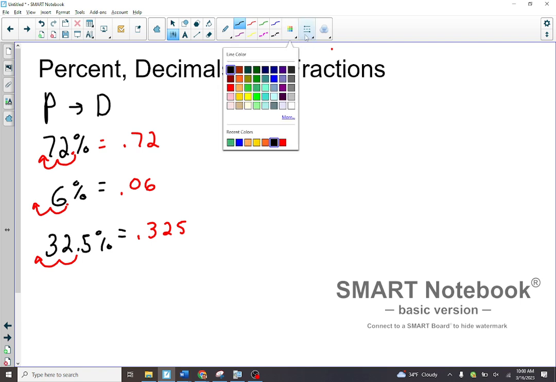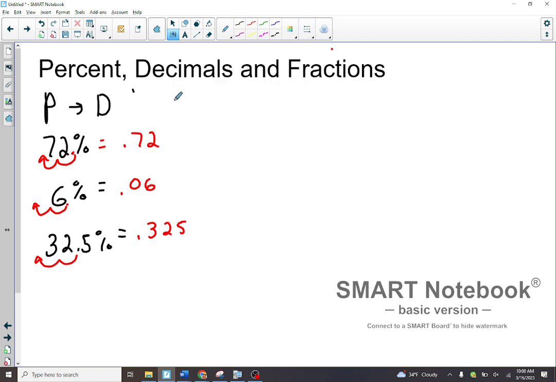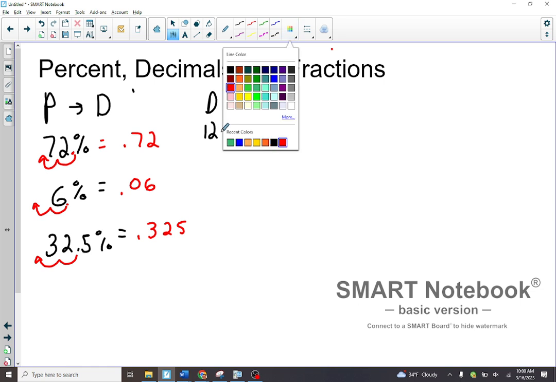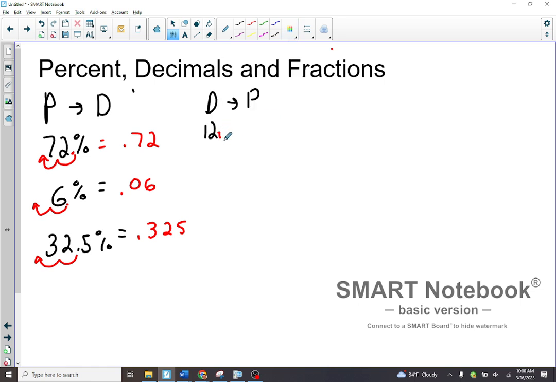So if percent to decimal is to move it to the left twice, we can figure out that decimal to percent is going to be to the right twice. So in this case, if I had 12, I have to find the decimal point, which would be right here, and move it to the right twice. So that'd be 1,200%.